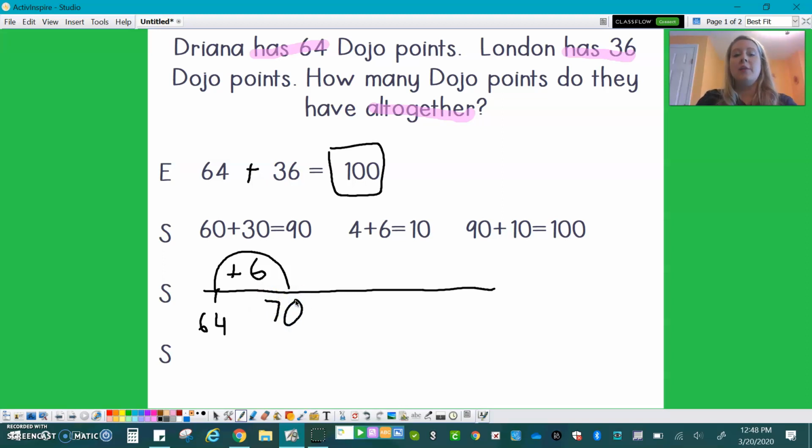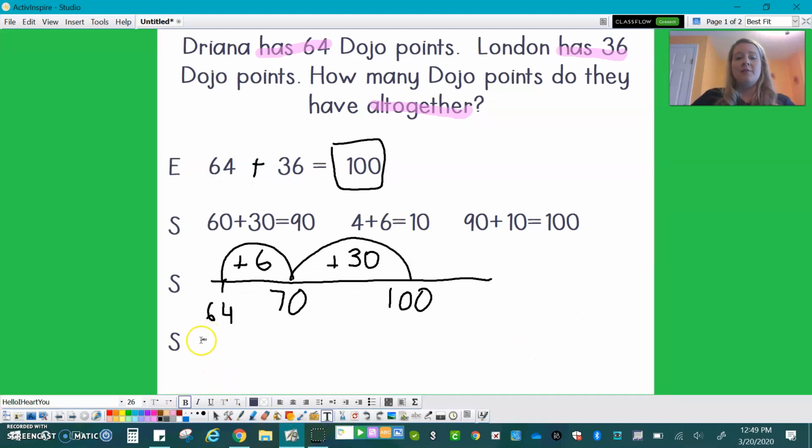And now, looking back at the 36, I only have 3 hops of 10. I can do this one of 2 ways. I can make 3 hops of 10 and do 70 plus 10 is 80, 80 plus 10 is 90, 90 plus 10 is 100, or I can take the whole chunk of 30. And I know 7 tens plus 3 tens is 10 tens, which is the same as 100. So I must have added correctly for the first time.